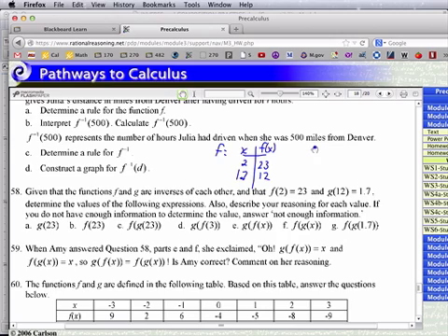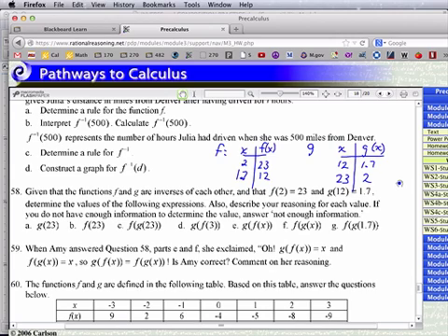Okay, similarly, G is the inverse, so we know for sure that G of 12 is 1.7. Do we know anything else? We know what would happen if you put 23 into G. You would get 2.